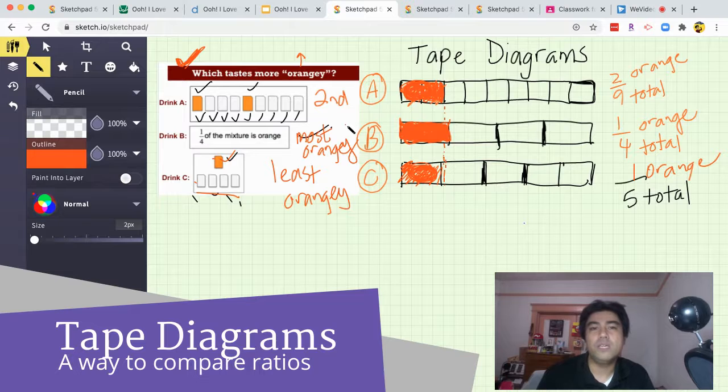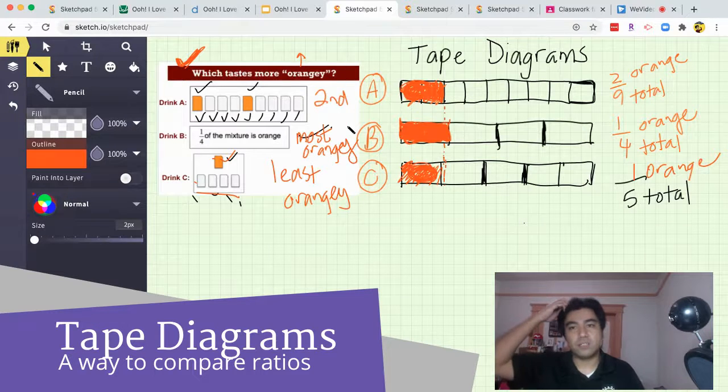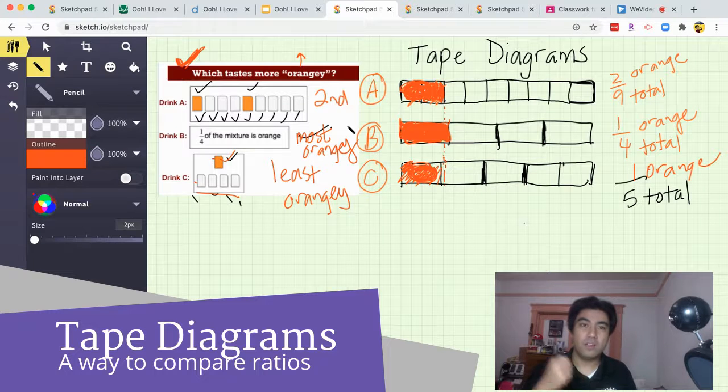Okay? B, most orangey. C, least orangey. Drink A is second. Okay? This is the tape diagram way of comparing ratios.